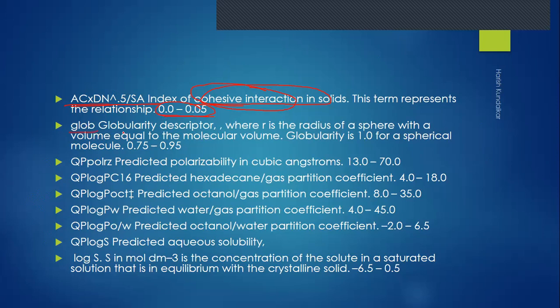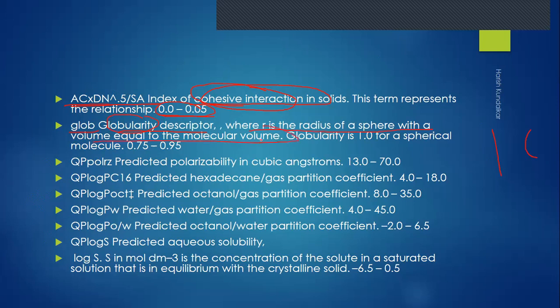Then globe is nothing but a globularity descriptor. That is, even if we say that a molecule is linear, it tends to be globular, it tends to roll up slightly when it enters into an aqueous environment in our physiological conditions, right? So that is nothing but globularity. Where R is the radius of the sphere with a volume equal to the molecular volume.